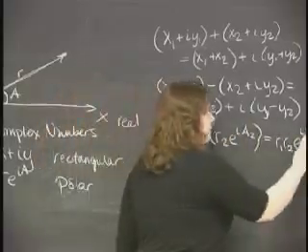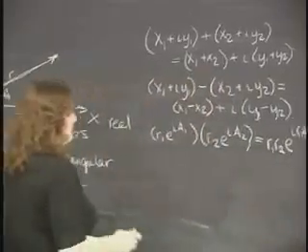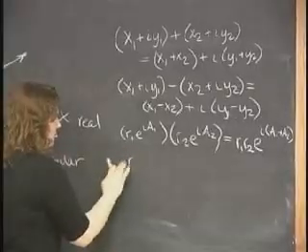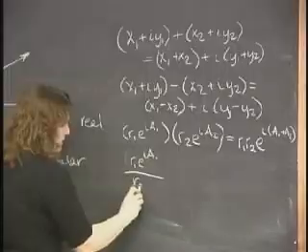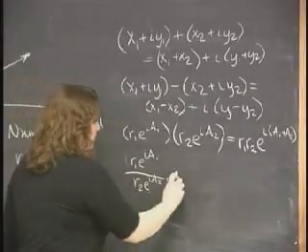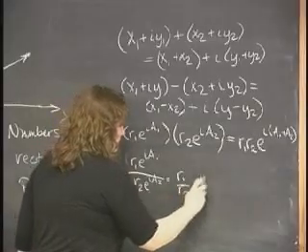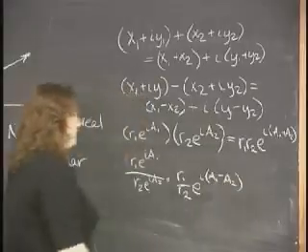Add them. a1 plus a2. Finally, division. r1 e to the i a1 over r2 e to the i a2 is going to be equal to r1 over r2 e to the i a1 minus a2.